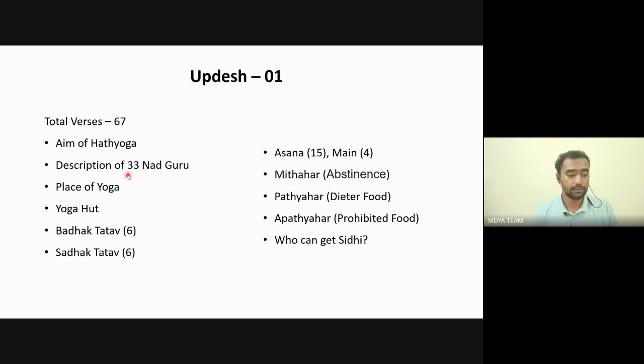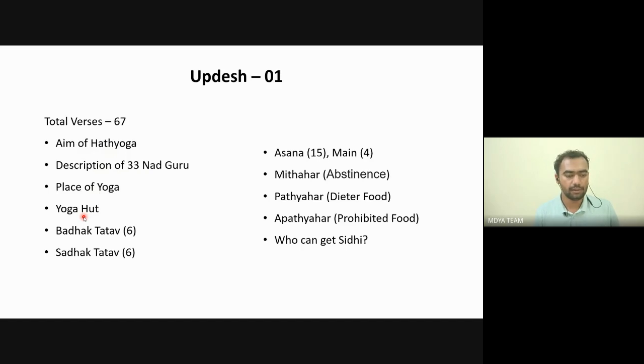Where we should practice, what the right place for yoga is, and exactly which kind of yoga kutir we should practice in. What kind of facility a yogi needs: a well, and a silent environment.